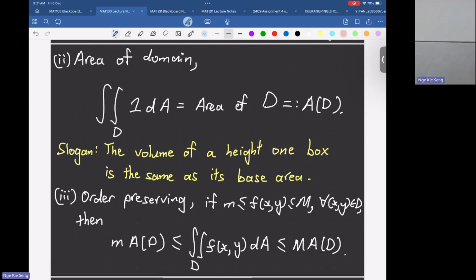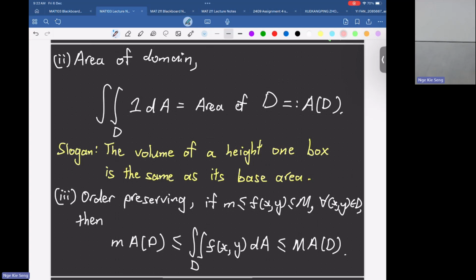Next is an order preserving property. If your f(x,y) is bounded by two constant functions, then your double integral will also be bounded by two volumes. What are the two volumes? The area of the domain multiplied by the heights little m and big M. This is not always true for every mathematical object we define. Sometimes mathematical objects will reverse this order, and some mathematical structures just don't preserve this kind of order.